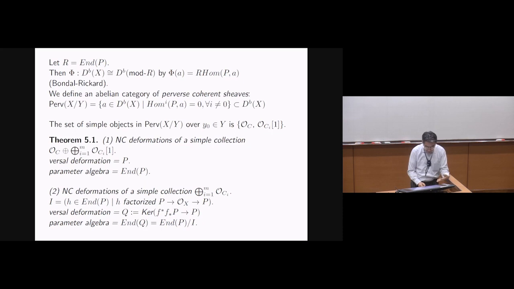But if you consider only a partial simple collection, for example, if you remove the structure sheaf of the curve, then you get a more interesting deformation theory. So let I be a two-sided ideal generated by the endomorphisms which factor through the structure sheaf O_X.